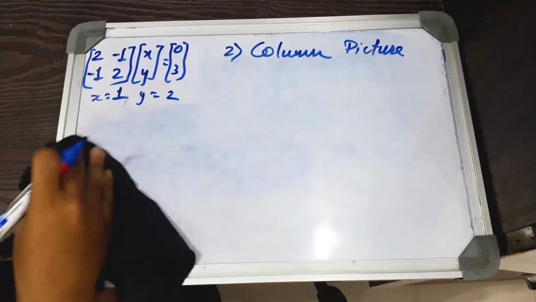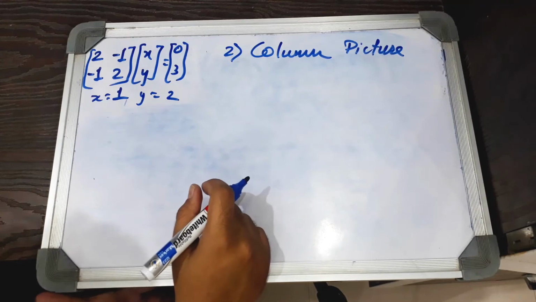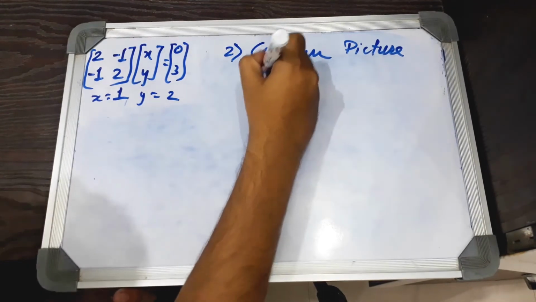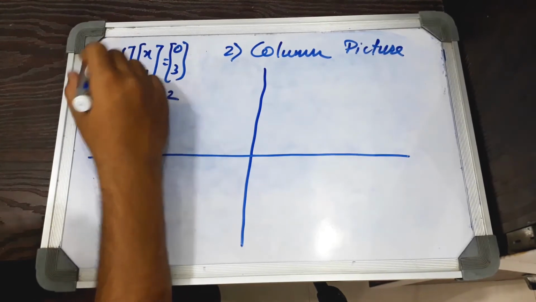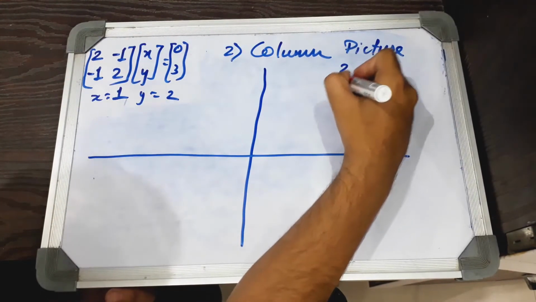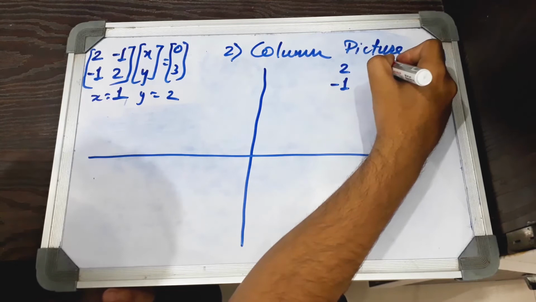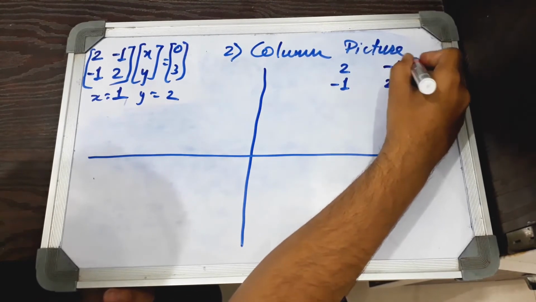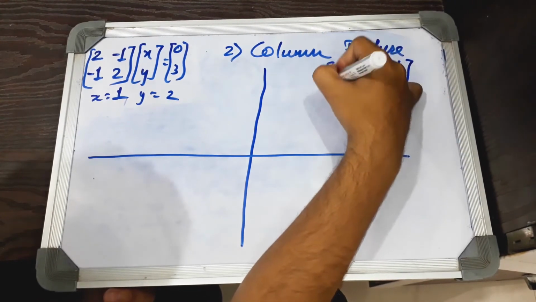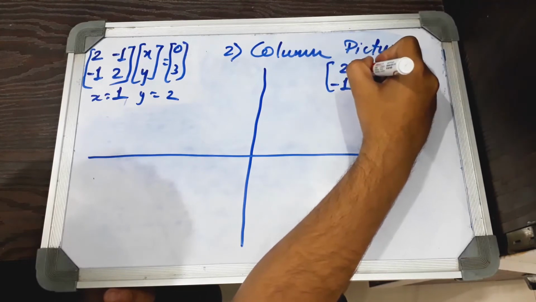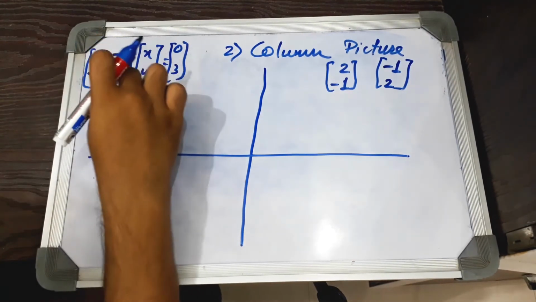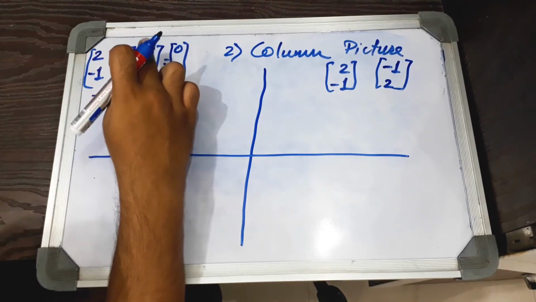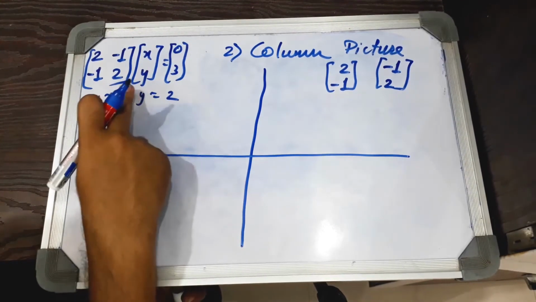So we have a different coordinate system. Do we need a different coordinate system? I don't know, but let's see how that goes. Here the first column is 2 minus 1 and the second is minus 1 2. Turns out that we can just multiply these columns with the individual values of the vector, and thus we get the answer.